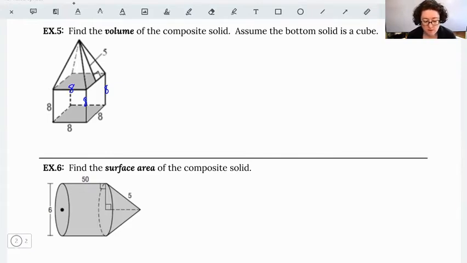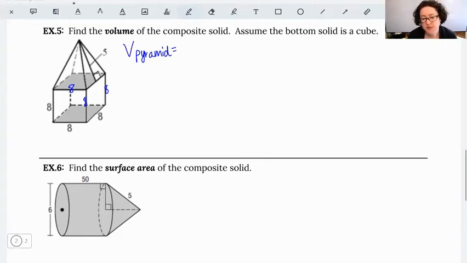Alrighty, let's look up our formulas and see what information we might need. So surface area of our pyramid, and I like to write it like this. I'm just keeping track of which figure I'm working with. You need to pick whatever notation or however you can organize your work so you know what's what on yours. So surface area of a pyramid, excuse me, we're not doing surface area, we're doing volume.